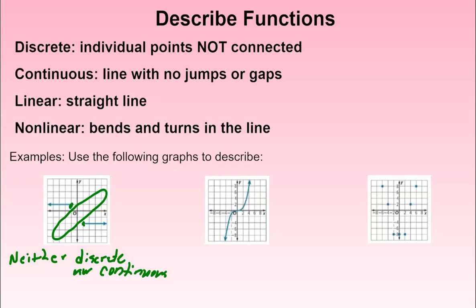So if you look at the lines there, the line itself would be linear, but because there is a jump, it goes up here and then it goes down here in a different direction, we would consider this nonlinear.